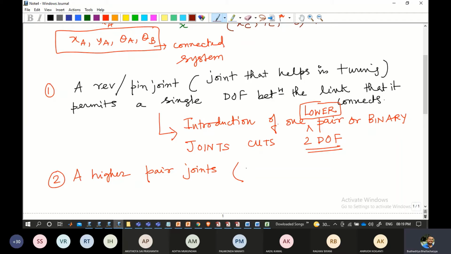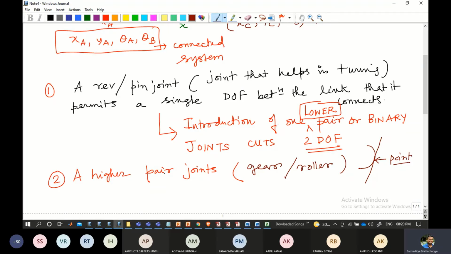Suppose we have a gear mechanism. We'll see with an example, don't worry. For the time being you write, or maybe a roller. If you consider this kind of movement, or maybe one surface touching the other. Suppose this is one surface and this is another surface. So this point contact, if you have something like this, these are all called higher pair joints in a mechanical system.